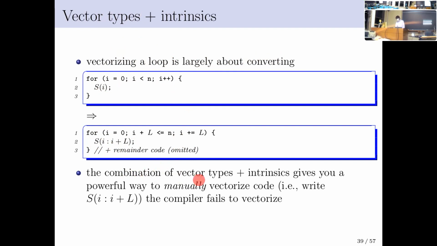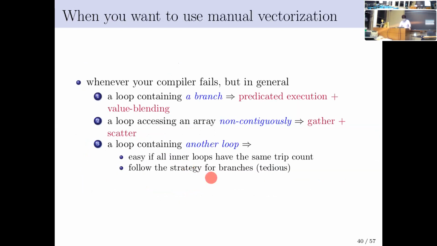The combination of the vector types you have just learned and intrinsics gives you a very powerful way to manually vectorize code. Manually vectorizing means that you explicitly write statements that execute L consecutive iterations at the same time, and expressions holding the values of L consecutive iterations in a single variable. That is how you manually vectorize a for loop.